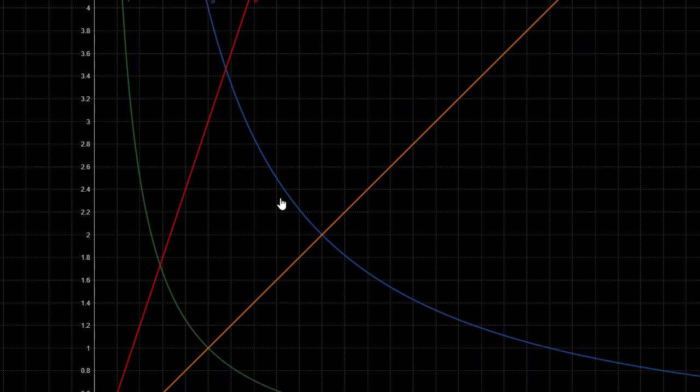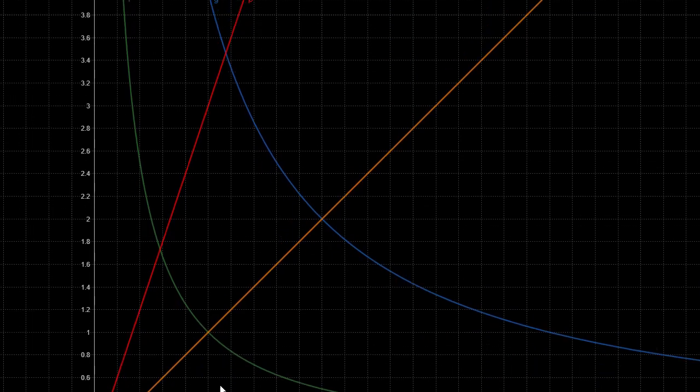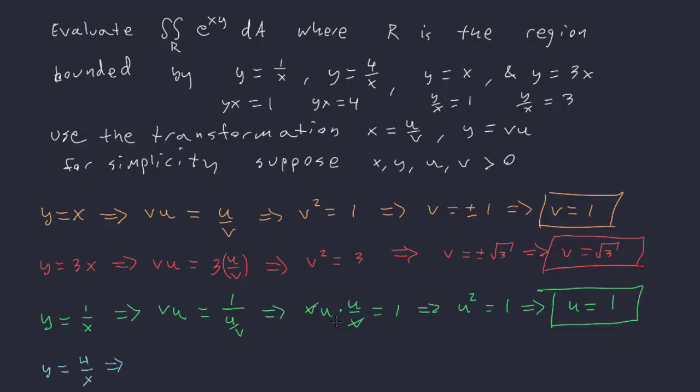So this one in blue is y equals 4 over x, which, plugging this in, we get the same idea here. vu is equal to 4 over u over v, so we get the same thing happening. vu times u over v is equal to 4. The v's cancel, and we get u squared is equal to 4. So u is equal to 2.